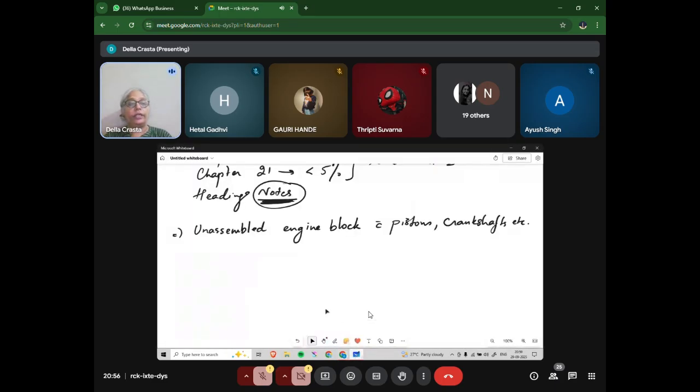Our description is unassembled engine block with pistons, crankshaft, etc. So this we have to classify as parts of engine. We are applying rule 1 over here, which is in chapter 84, note 2B. So it will go under 8409, which is the heading number.